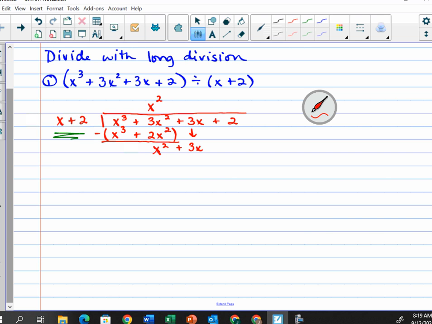Then we start all over again. What do I take x times to get x squared? x. So we're going to have plus x. And then I multiply again. x squared plus 2x. So we're going to subtract.